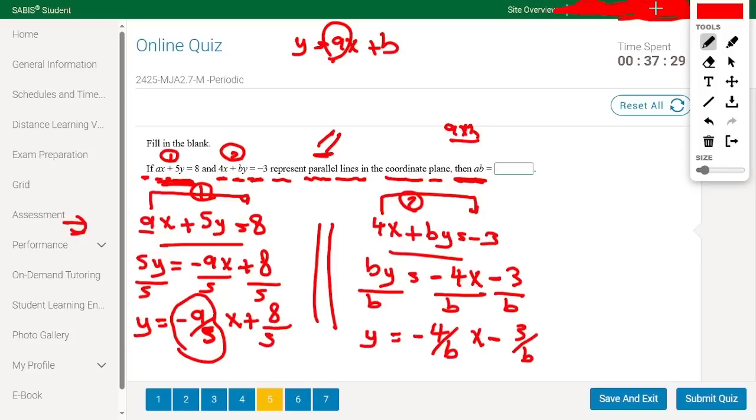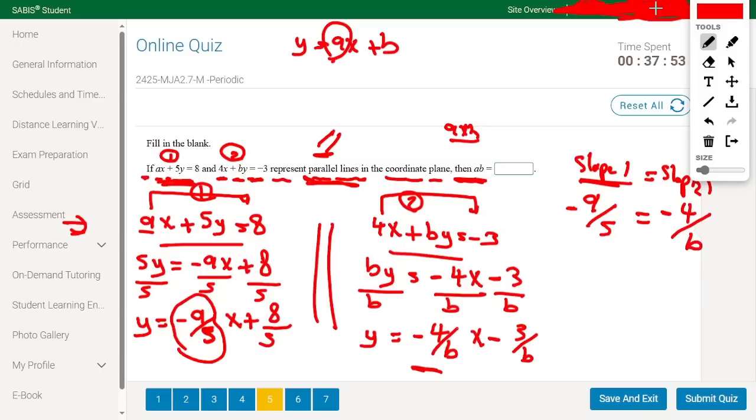Now here, parallel lines, so the slopes are equal. So the slope of line 1 equals the slope of line 2. So the slope of line 1, minus a over 5, equals the slope of line 2, which is minus 4 over b.